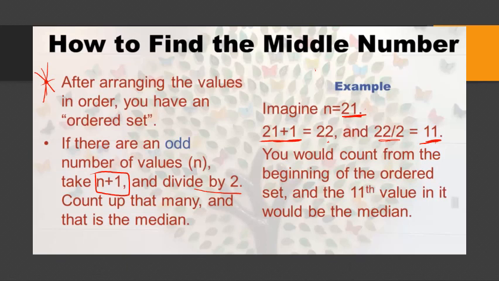Let me see if I can try to demonstrate that in a smaller version. Let's pretend that we're doing one where n equals 5. So we put our values together.